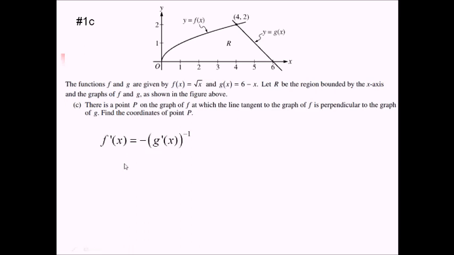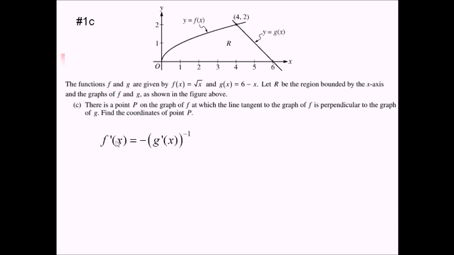So we can say f prime of x equals negative g prime of x to the negative 1. Again, these are going to be opposite reciprocals if we have perpendicularity going on here. Perpendicularity, I guess, if that's a word.